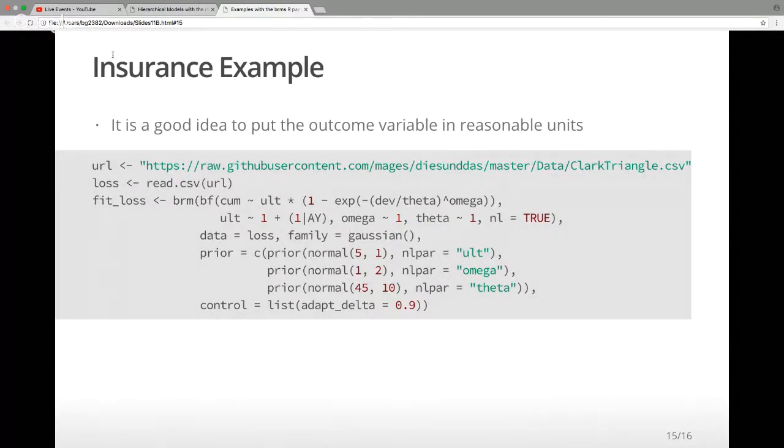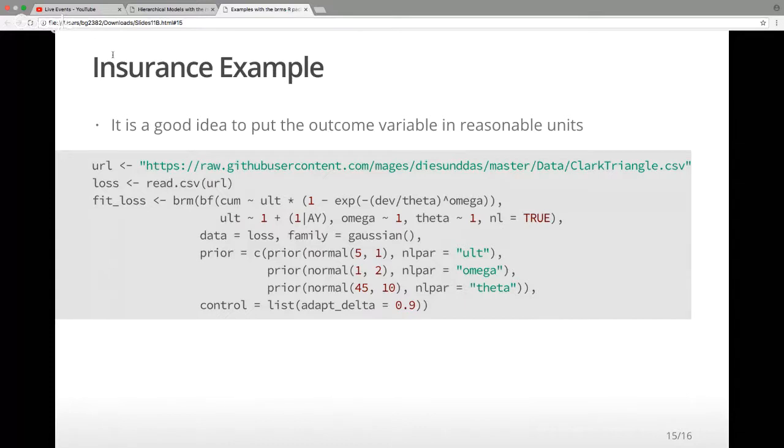Another one, a little bit more complicated, but showing, so this is insurance data, sort of how much liability did the insurance company have. You can read in this. So the cumulative loss of the company was this sort of complicated nonlinear function.